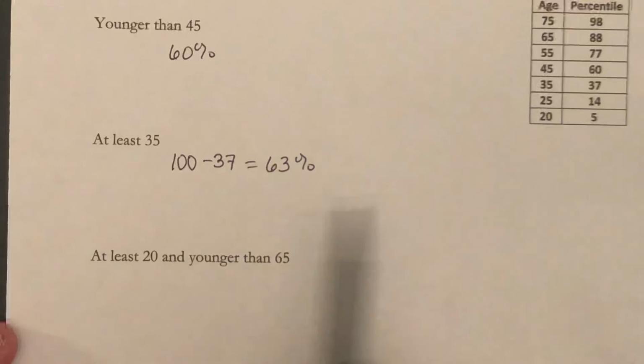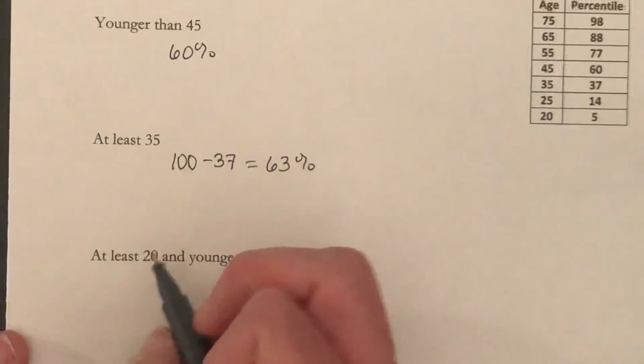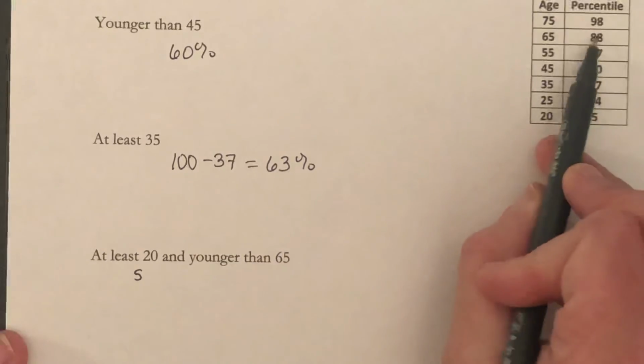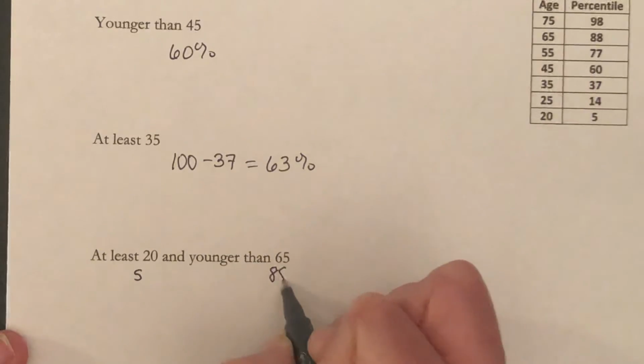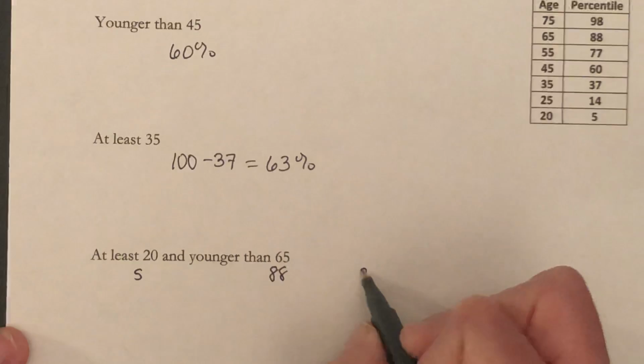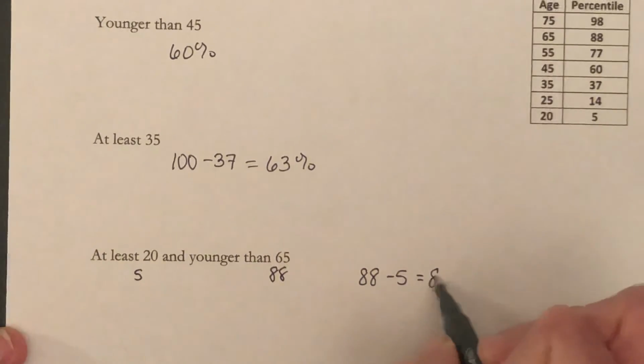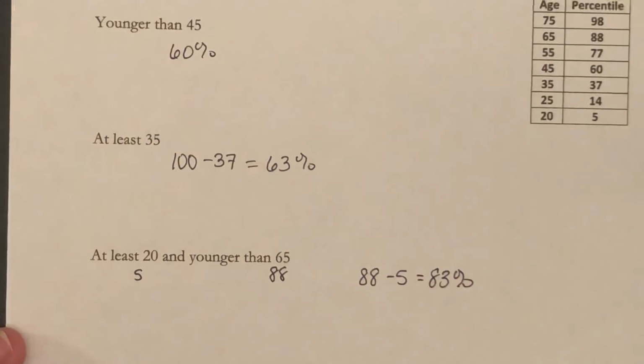At least 20, which corresponds to the 5th percentile, and younger than 65, which is the 88th. So all I need to do here is 88 minus 5 to get 83%. And that's all.